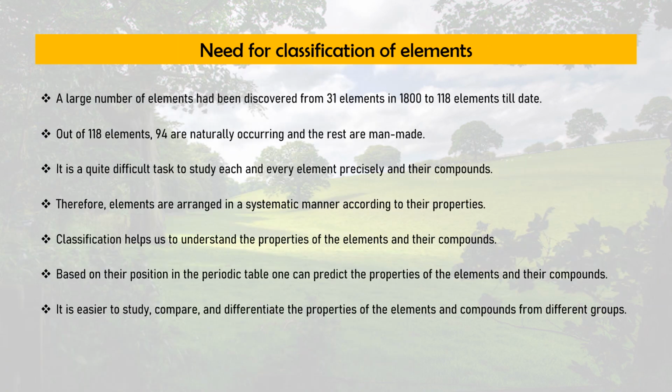And we studied about elements. But now come to think about why we need to classify these elements. Generally, classification makes it easy for us to study the properties. So these are some points to say why we need classification of elements.